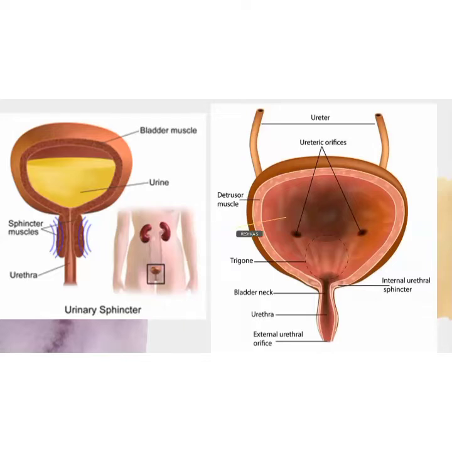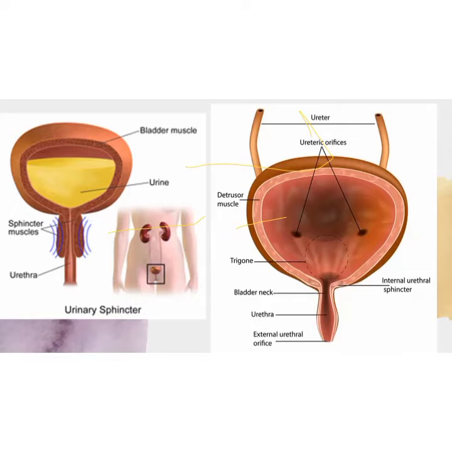We know that the neck is the lowest and most fixed part, and the neck lies 3 to 4 centimeter behind the lower part of the pubic symphysis, which is a little above the plane of the pelvic outlet, and it is pierced by the internal urethral orifice.